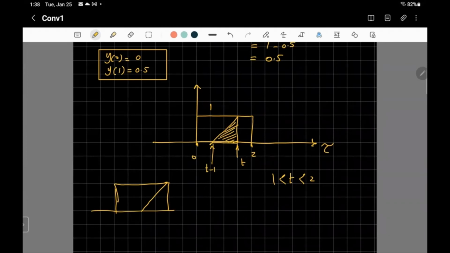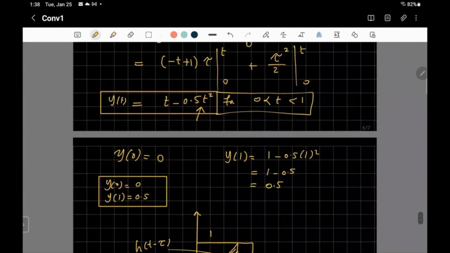Now, we follow the steps: we sketch it, we find the time limit for it. Then what are we supposed to do? Integrate. How do we integrate? The same expression that we did is still valid, right? Because this is h of t minus tau. It's fixed. So I'll go with the integration I did before.